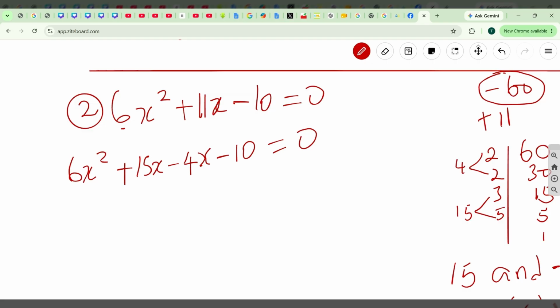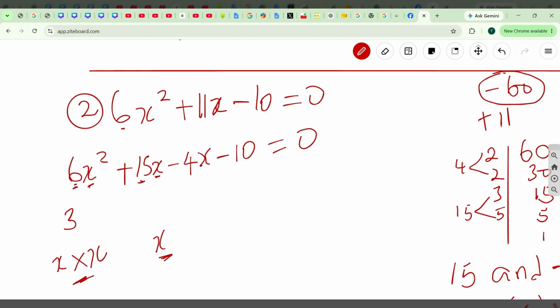So if I factorize this again, I'm going to look at it between 6 and 15. What's common between 6 and 15? There is a common value there, and that value is going to be 3 because that's a factor of both 6 and 15. So I'm going to write 3. I'm going to look at x squared and x. What's common there? X, because in x squared I have x times x, and in x I also have x. So at least I can see x one time in each.